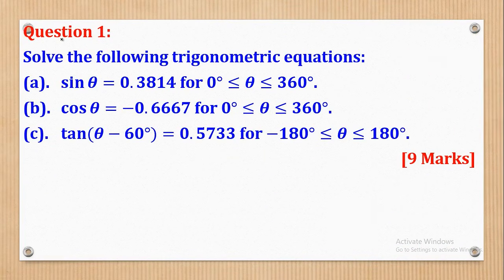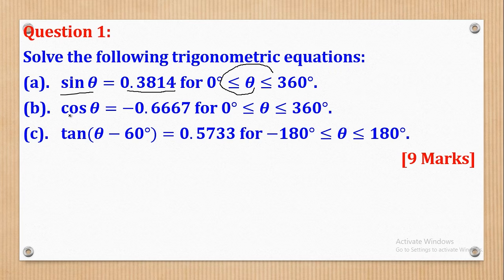So we shall do this question for you to master what we have talked about. Question 1 says, solve the following trigonometric equations. Part A, sin theta equal to 0.3814 for values of theta ranging from 0 degrees to 360 degrees.